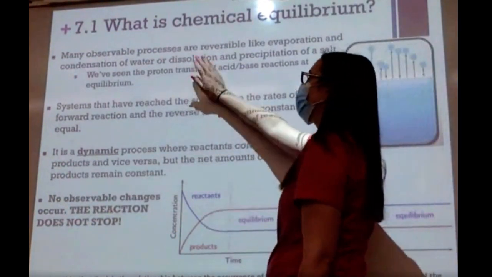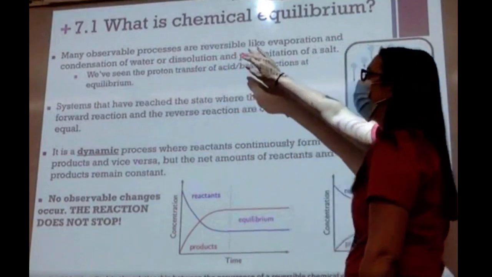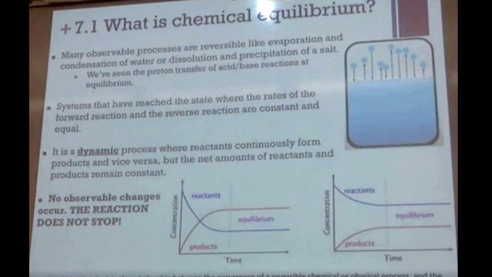So if I dissolve NaCl in water, and then I boil off the water and get the salt back, that's also reversible. We've seen acid-base reactions, transferring a proton, as reversible. Redox reactions can be reversible. So a lot of processes are reversible, meaning that we can have a forward reaction occurring and a reverse reaction occurring.